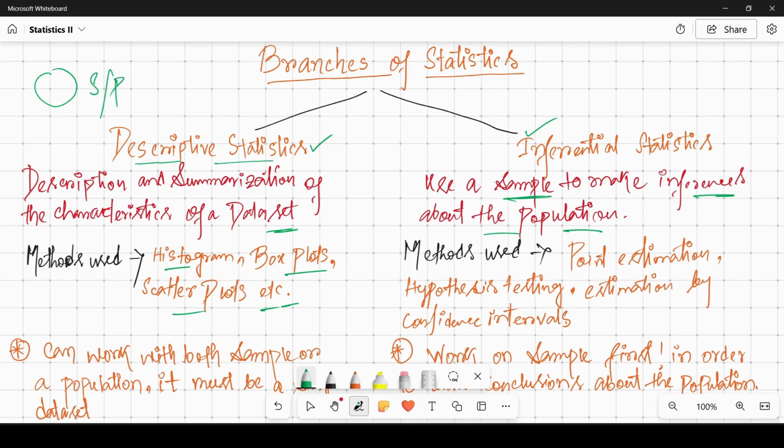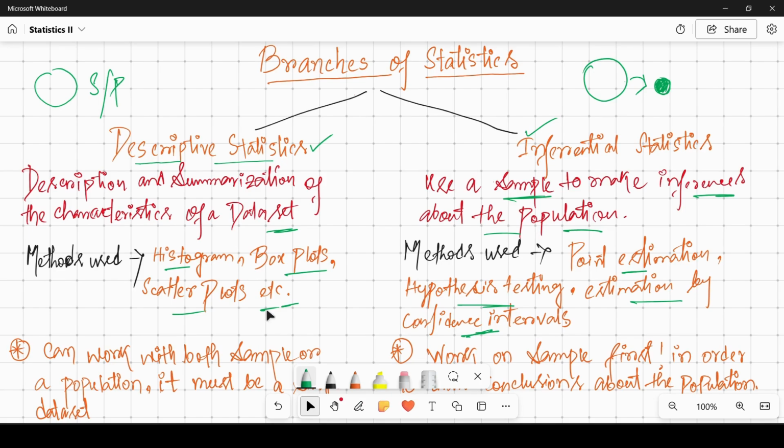But in case of inferential statistics, it should always be a sample from a particular population, and in that sample we are going to use some different methods. What kind of methods can be used in case of inferential statistics? Let's say point estimation, hypothesis testing, estimation by confidence intervals, that is for the mean calculation of a population. These things can be used.